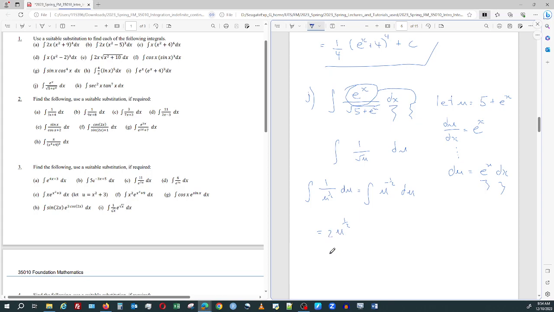Plus c, and that equals 2 times the square root of u plus c, and the u was 5 plus e to the x.